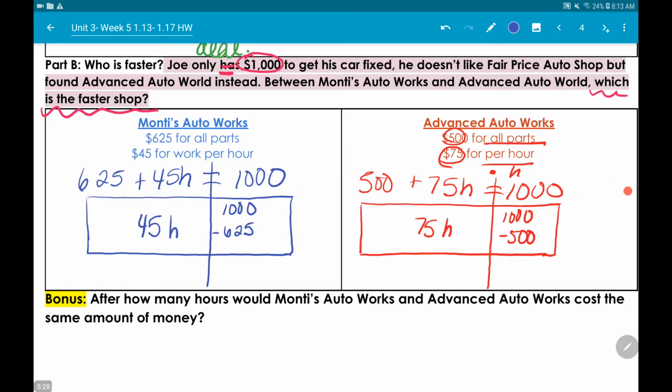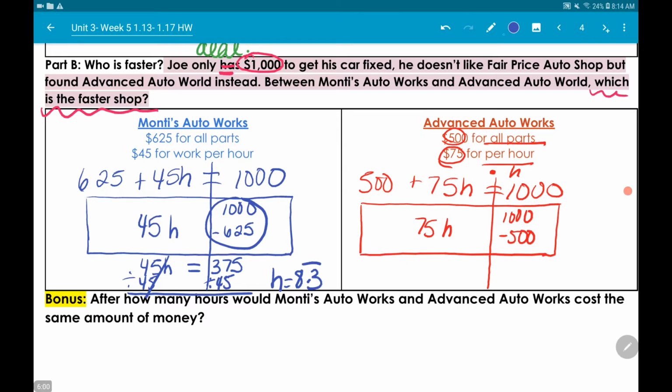Okay, so now we have our solving squares set up, and we could go ahead and solve. So over here, 45h equals, combine this, equals 375, and then I'm going to divide by my coefficient. So I'm going to divide by 45 on both sides. And I get h equals 8.3 repeats.